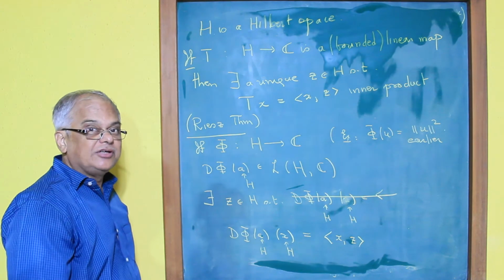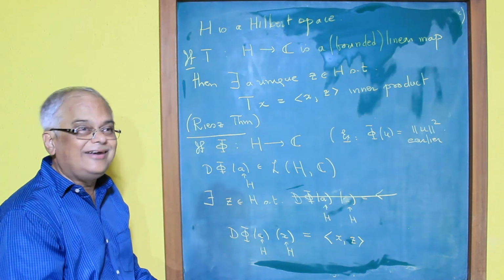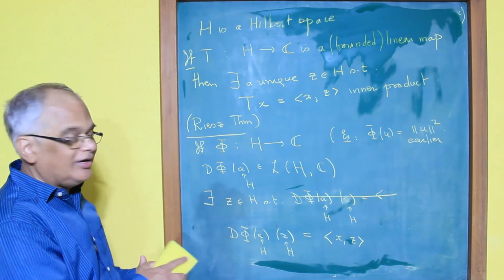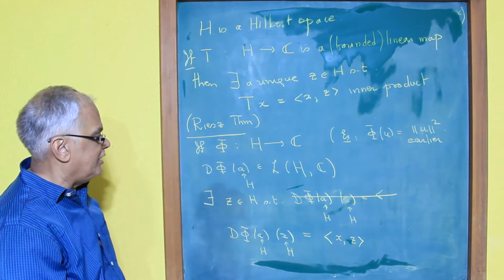In finite dimensions, Z was called the gradient. In infinite dimensions, the Z is also the gradient, but it is not called the gradient.